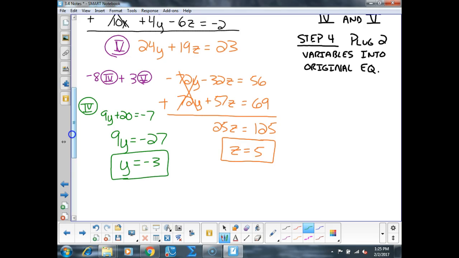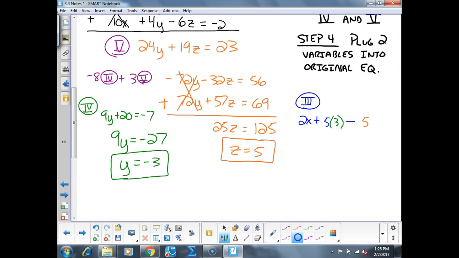If you want to know if you're right or not, you plug them in. So if I plug them into 2x plus 5y minus z, that's going to be 5 times negative 3 minus z, minus 25, which is 5.